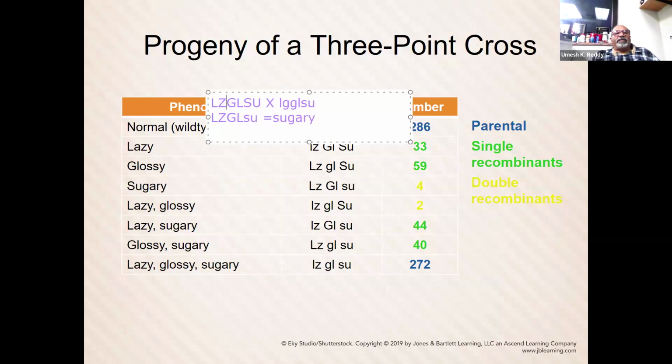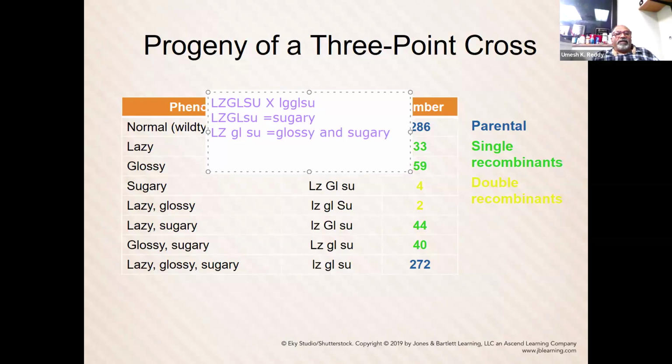For lazy and glassy, it is normal, so it is sugary. And we call lazy, glassy, and sugary, this plant we call, for erectness it is a normal plant, but for glassy and sugary it is mutant. So these plants we call glassy and sugary.